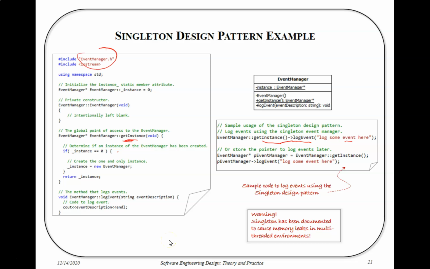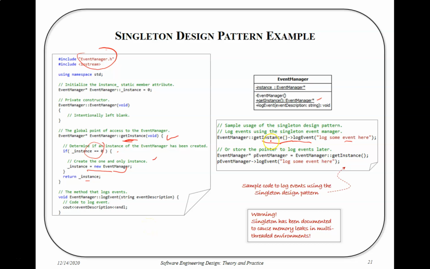Okay, so for the implementation of the singleton design pattern, this is the most important method, the get instance. The get instance of the event manager will return one and only one instance. If there is no instance defined yet, it will create a new event manager and then return the new event manager. If the instance is not equal to null, that means it is already there.